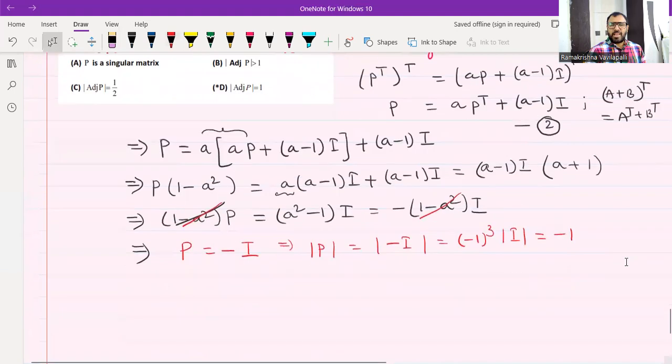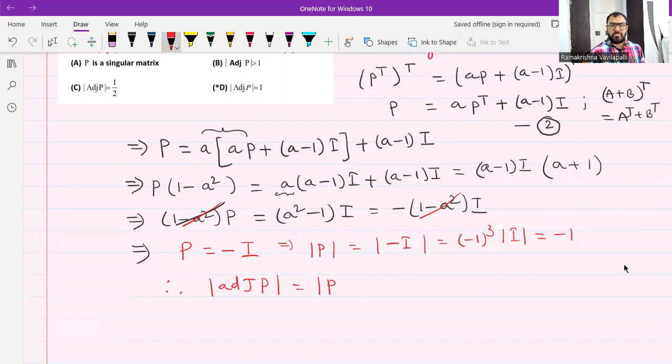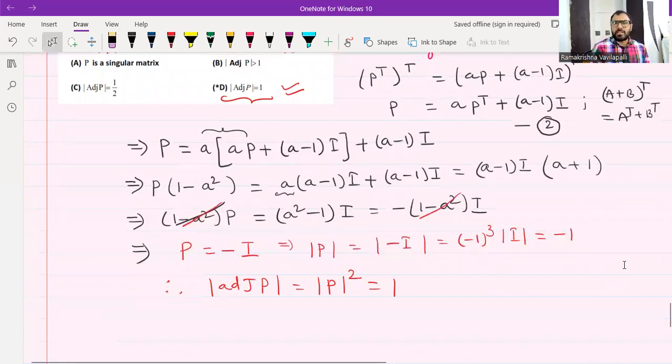The determinant of adjoint of P. So therefore, determinant of adjoint of P equals simply det P whole square. So that becomes 1. So option D is correct. See, you are finding so many questions based on a single concept, that is, properties of adjoint of a matrix.